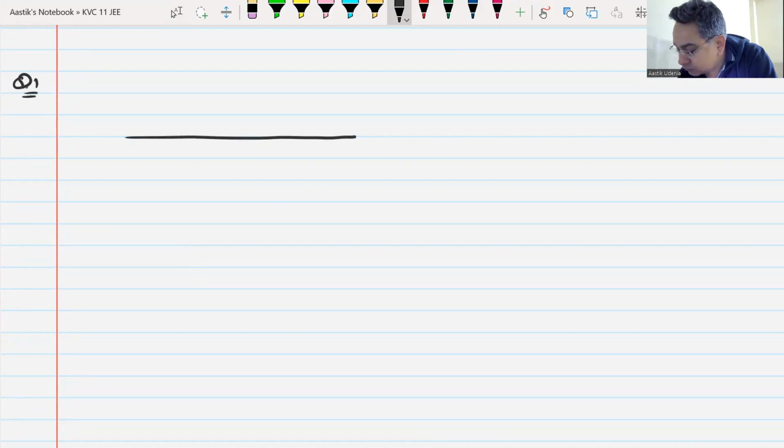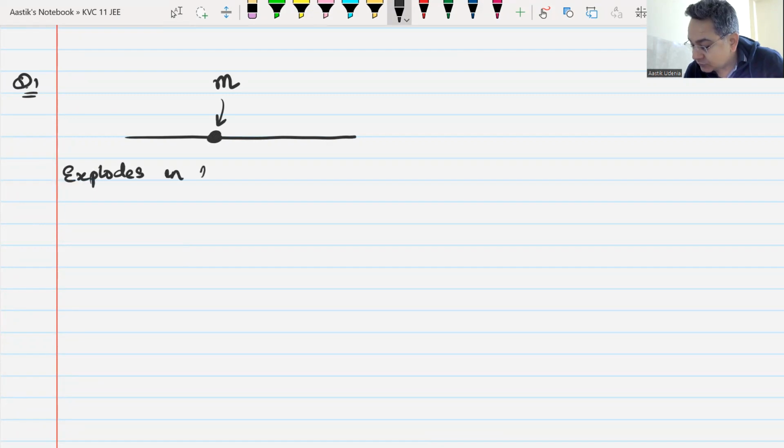This is ground and here is a bomb. A bomb of mass m explodes into two particles in the ratio 1:2.